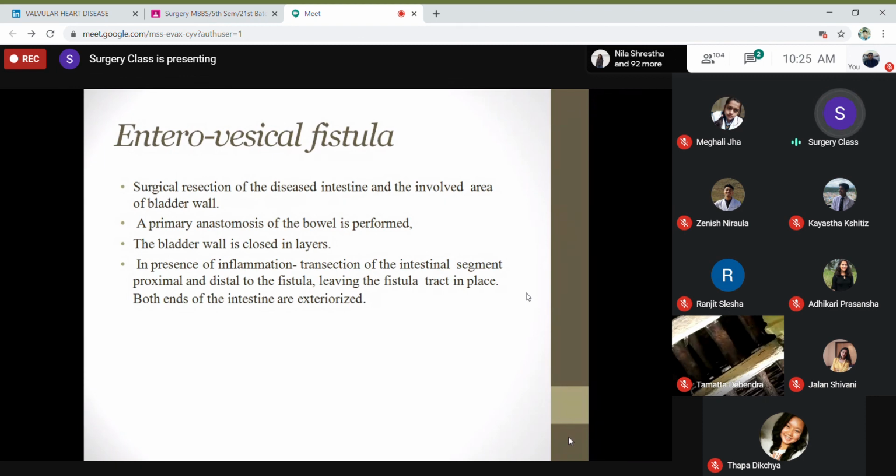Once you operate, you locate the site of the fistula tract, and then you will excise the fistula tract and close both sides, the bowel and the bladder, in layers. So that sort of thing. Enterovesical fistula, very, very nasty situation.